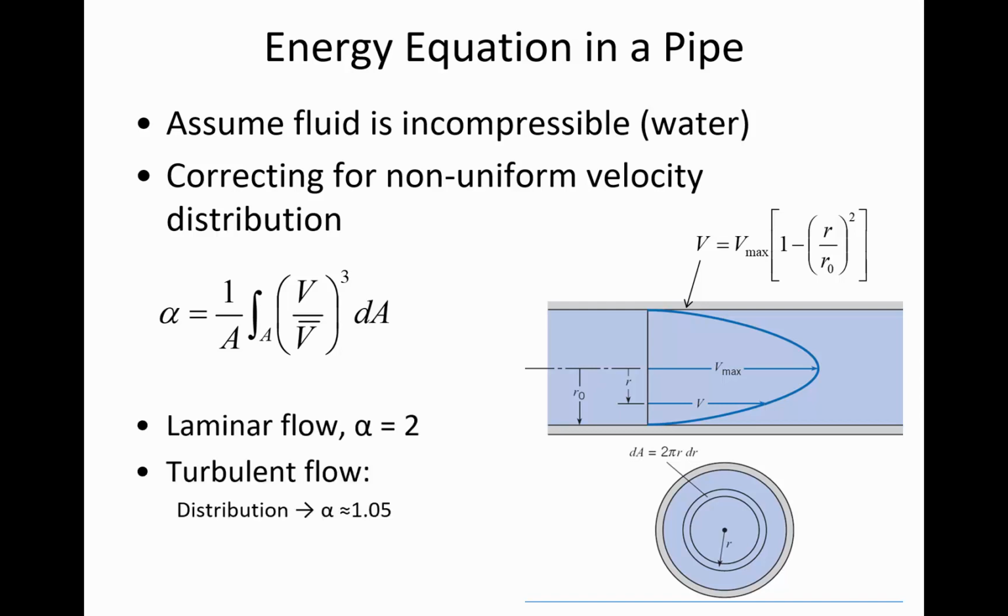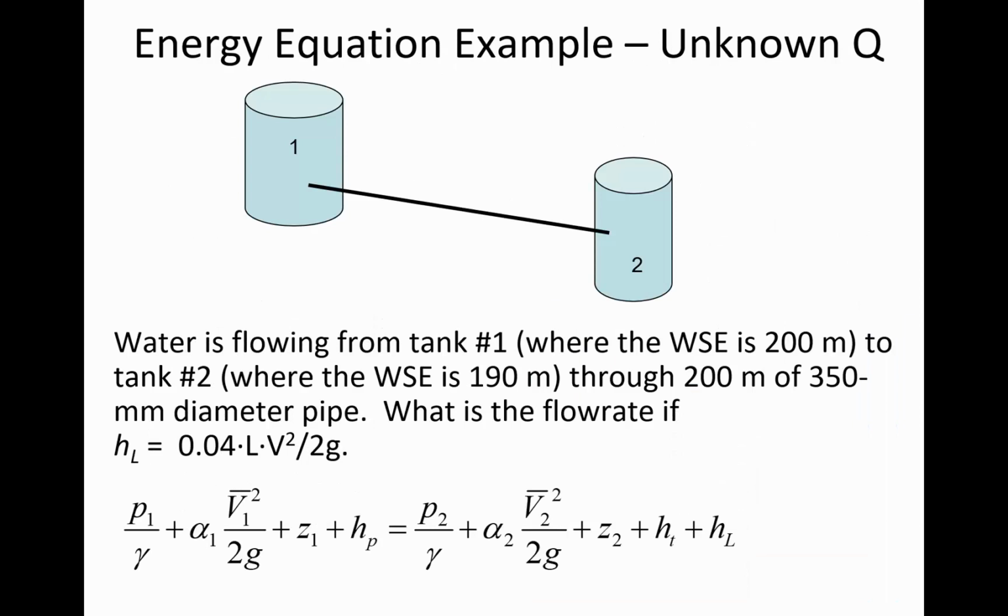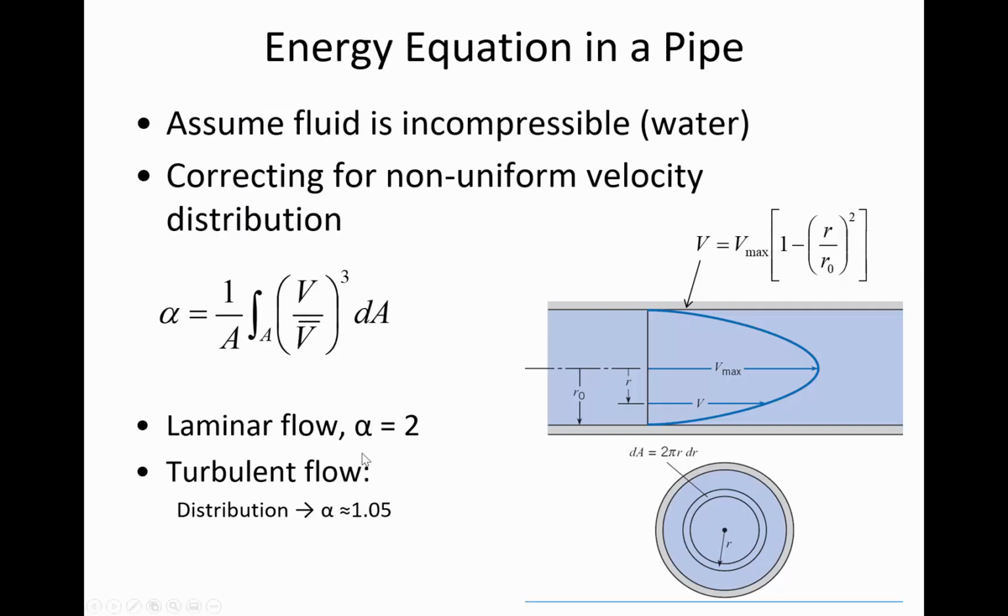And so like I mentioned earlier, for those rare cases where you have laminar flow, then you'd use an alpha of 2. But more of the time, because it's turbulent flow, you'd use an alpha of 1.05. And then that's close enough. This alpha of 1.05 is close enough to 1 that in a lot of cases people don't even bother including that kinetic energy correction factor.